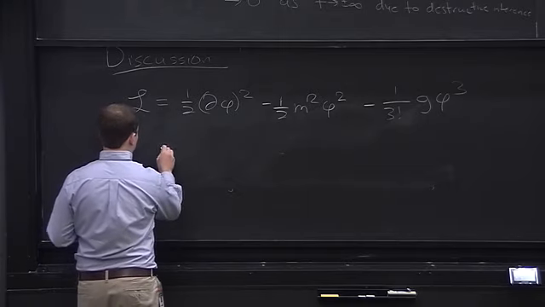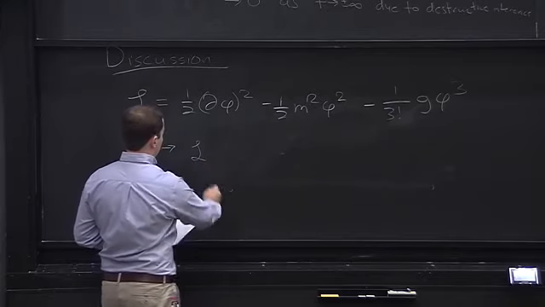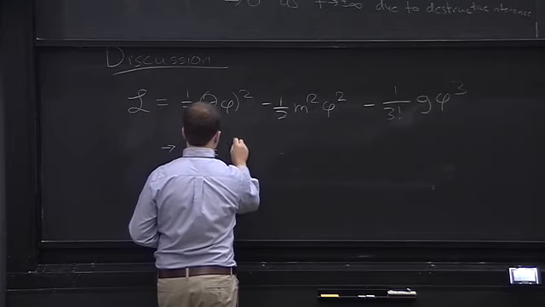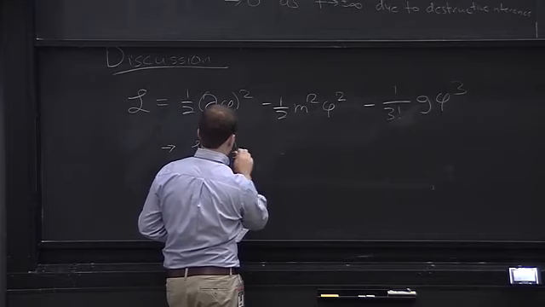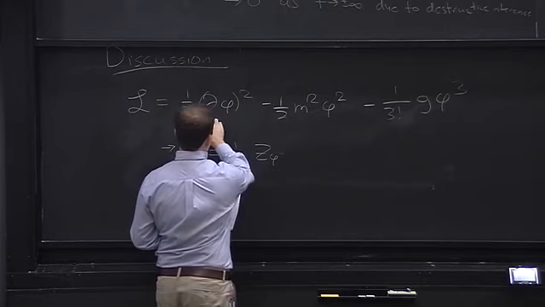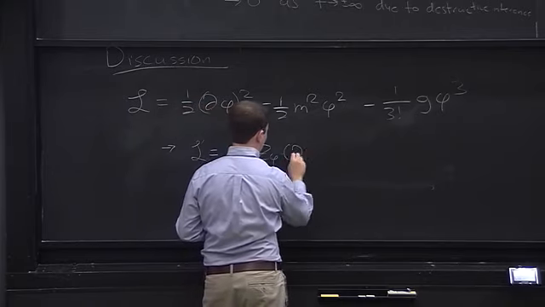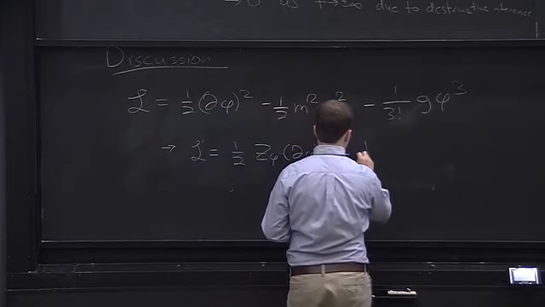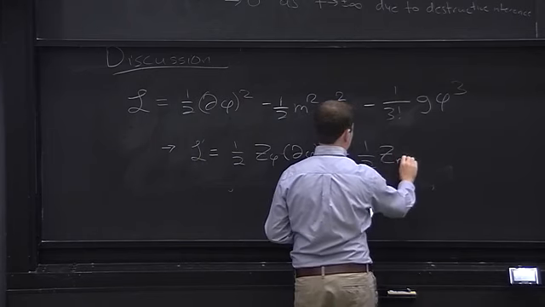So after we've shifted and rescaled our fields, we'll still have the same form of the kinetic term, but the coefficient will no longer be a half in general. We'll still have a mass term, but the coefficient will no longer be a half.